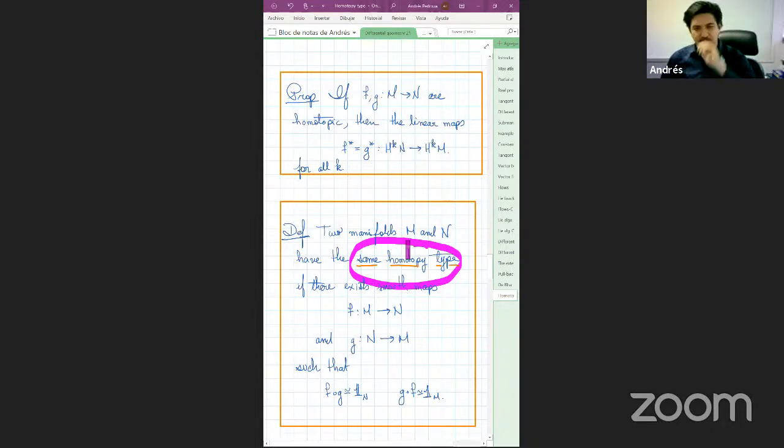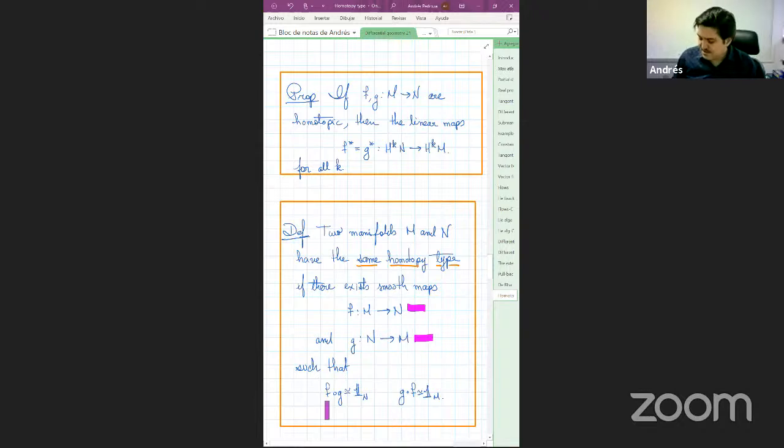Instead of just being very narrow on diffeomorphic manifolds, we want to have manifolds of the same homotopy type. So two smooth manifolds have the same homotopy type if I can find two smooth functions such that the composition is not required to be the identity.